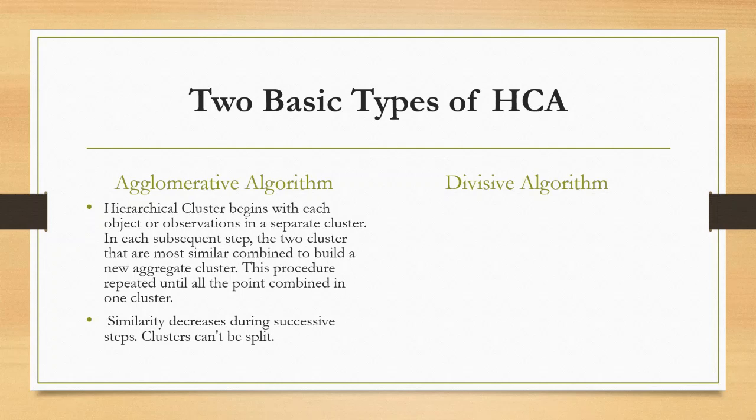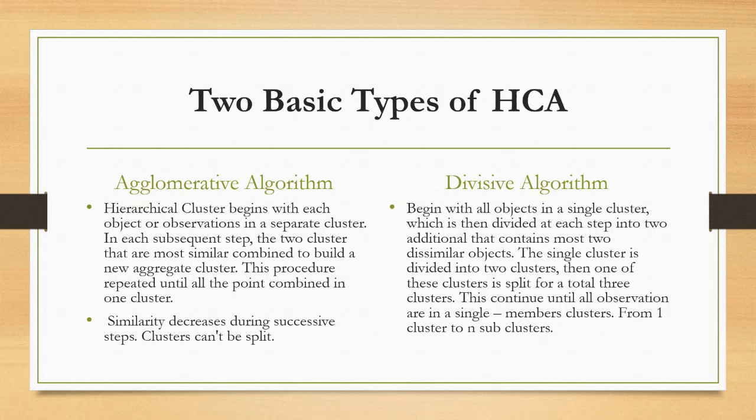Then the divisive algorithm: we begin with all objects in one single cluster, which is then divided at each step into two additional clusters that contain the most dissimilar objects. The single cluster is divided into two clusters, then one of these clusters is split for a total of 3 clusters.